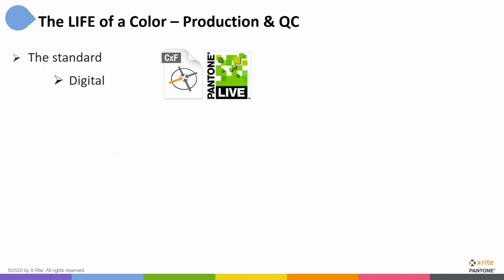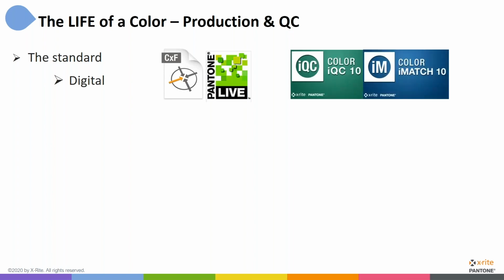So let's talk about the standard a second. There's really two main ways we can get that color standard. It can be given to us or distributed digitally. Could be a Pantone Live color, could be a CXF file that somebody sends you or emails you. It could also be a job file, either coming from Color IQC or Color iMatch.